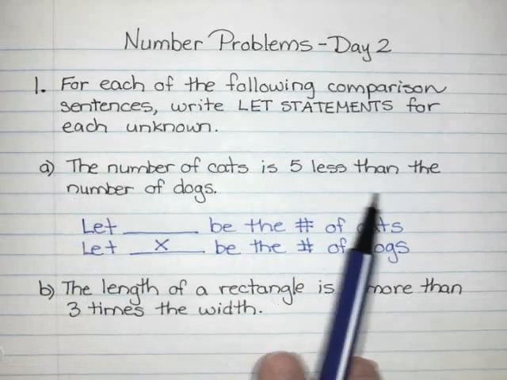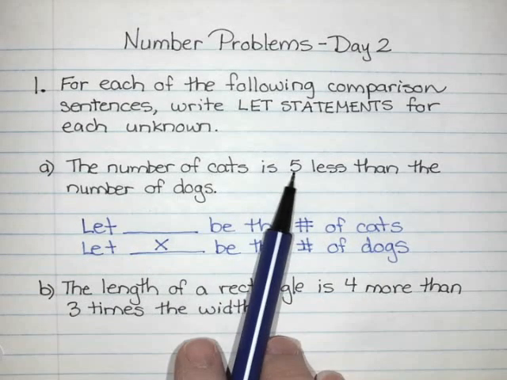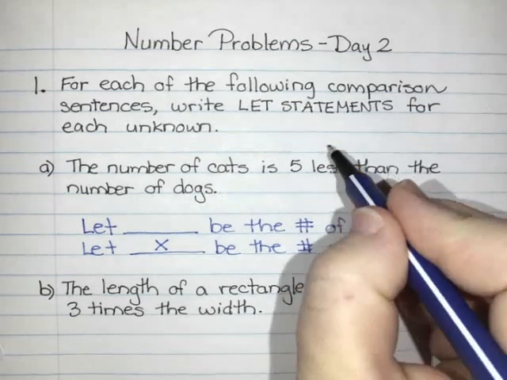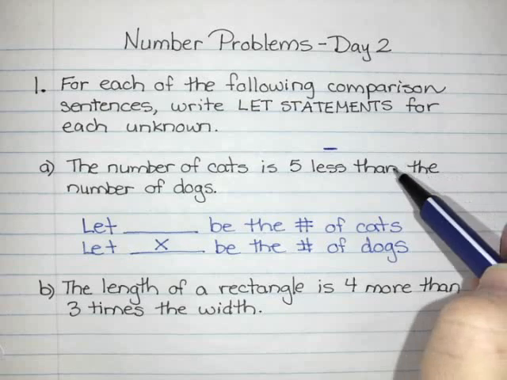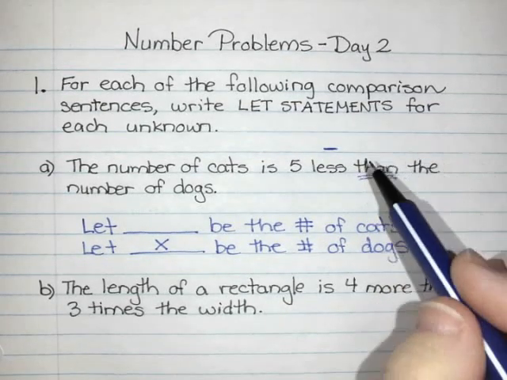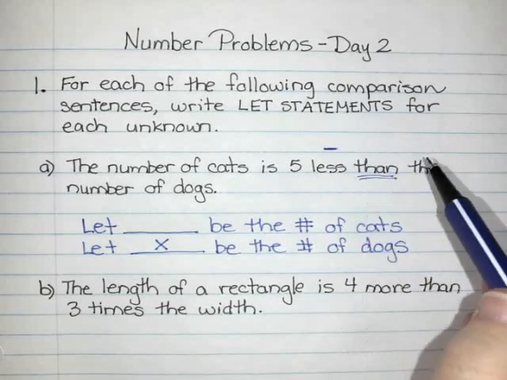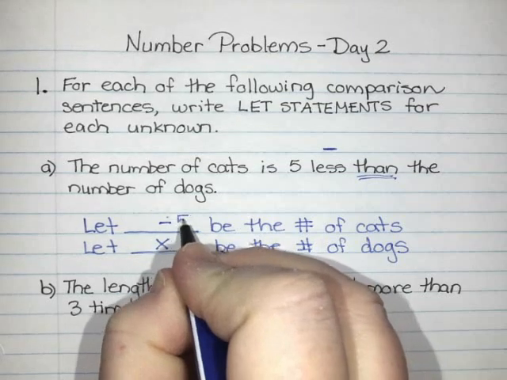So then all you really need to do for the number of cats is translate. So the number of cats is 5, that's a number, less. Less means we are going to subtract, but it is less than. Anytime I have the word than or from, that tells me that it's actually backwards. So it's not 5 minus something, it's going to be something minus 5.